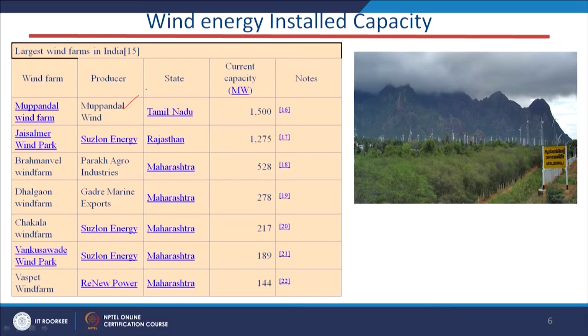As far as India is concerned, the largest wind farm is the Muppandal wind farm, located in Tamil Nadu state, with a capacity of 1500 megawatt. Other states like Rajasthan and Maharashtra are also following, and these are the figures noted down here.